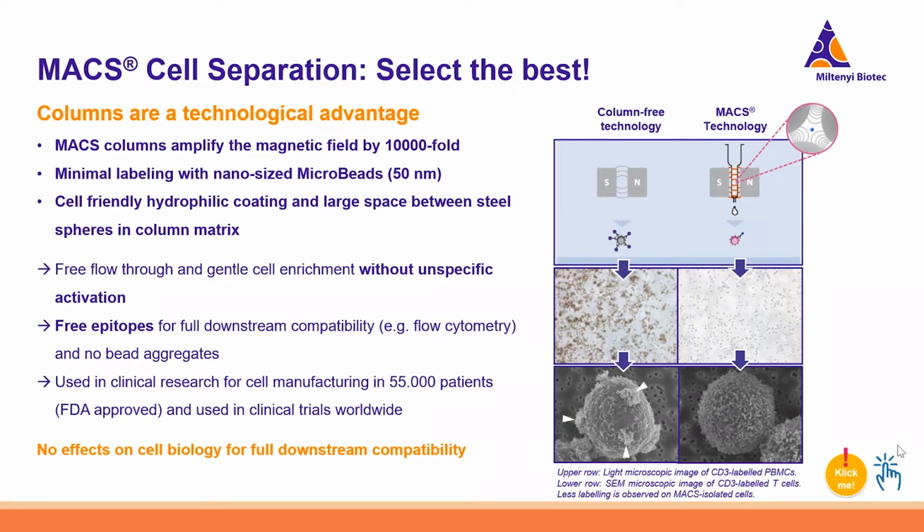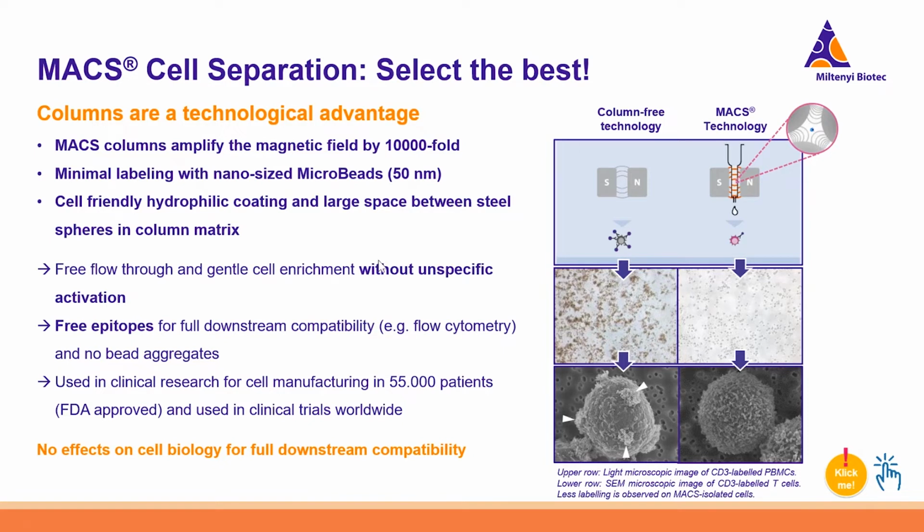The T cells will pass through smoothly without any negative effects. As you can see here, this is the small lymphocyte, and there's really more than enough space between the steel spheres in the column. Have a look at the data on the right side with the CD3 labeled T cells.